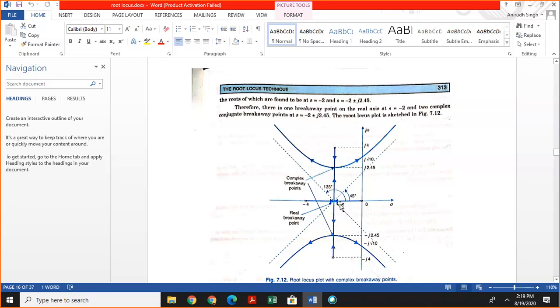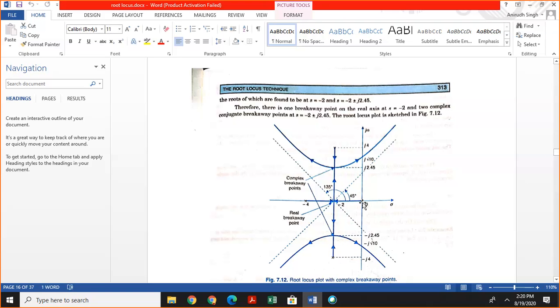Next point is to determine the root locus on real axis. In this region, root locus lies on the real axis because if we consider any point, suppose we consider this point, to the right of this point, summation of zeros and poles is 1, which is odd.